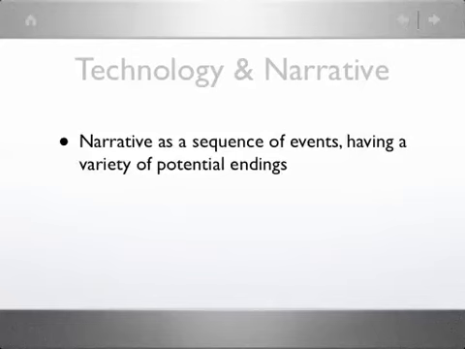Tools are used in particular ways to fulfill a need or accomplish a task, and there's a variety of different ways in which that task might be completed, or different results of going about that task. That is one of the ways in which narrative relates to technology.